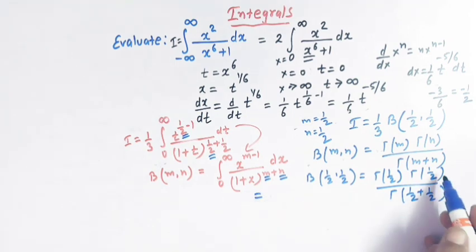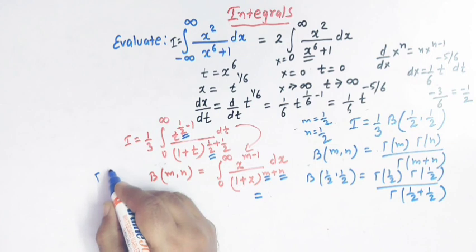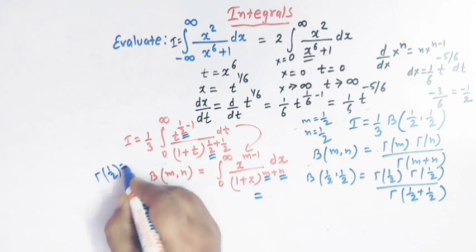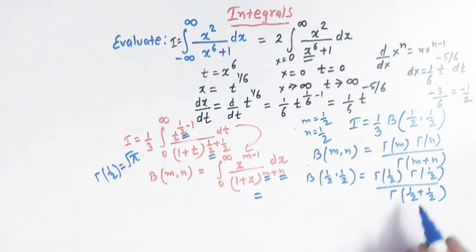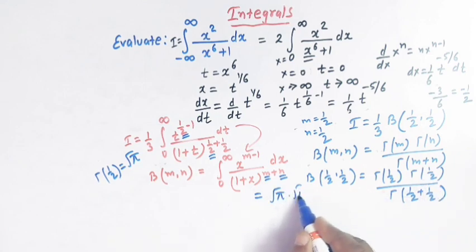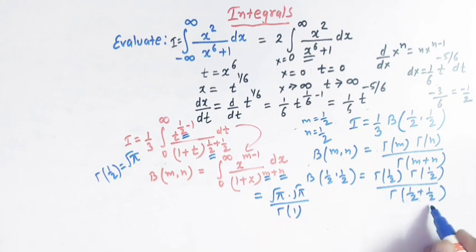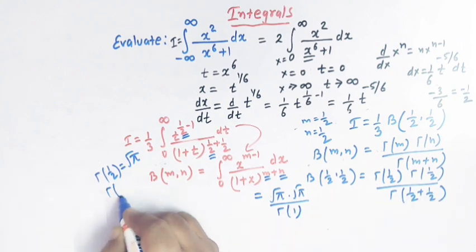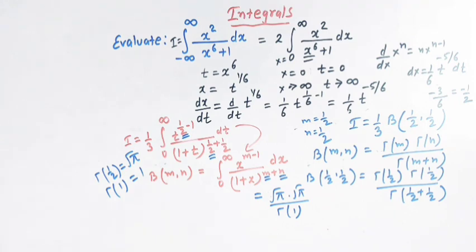And we know that the value of gamma half is equal to square root of pi. So here we have square root of pi, and here also square root of pi, divided by gamma of 1. Half plus half is 1, and the value of gamma 1 is equal to 1.